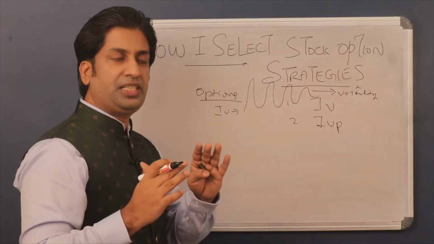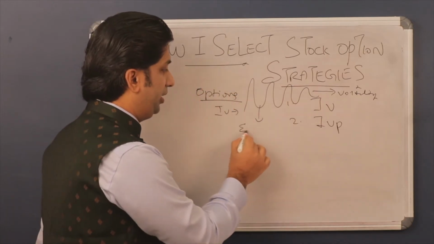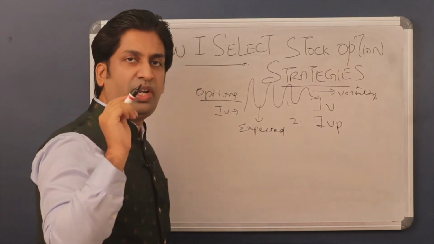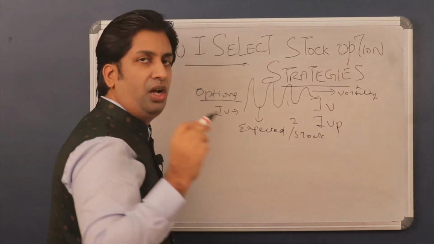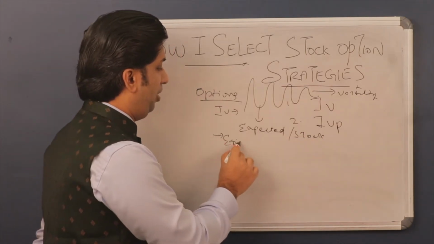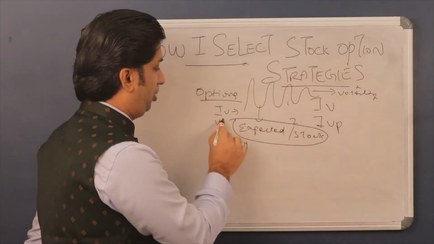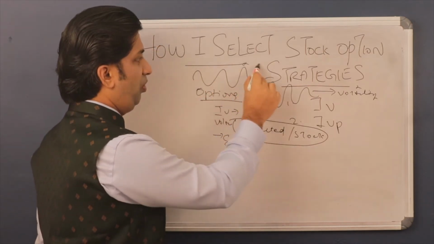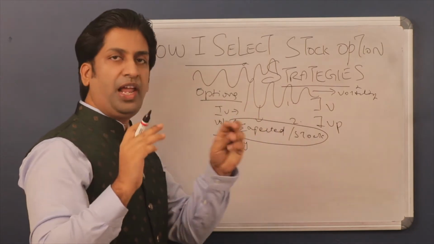So IV represents the expected volatility of a stock, any stock you can take, over the life of the option. Till the expiry, what is the expected volatility of the stock? That is what IV is. This is what you have to understand as implied volatility.